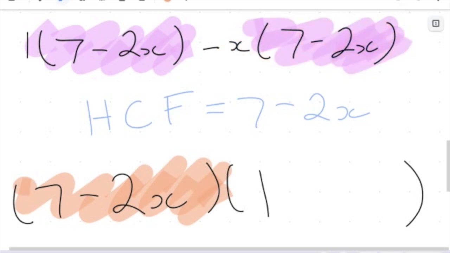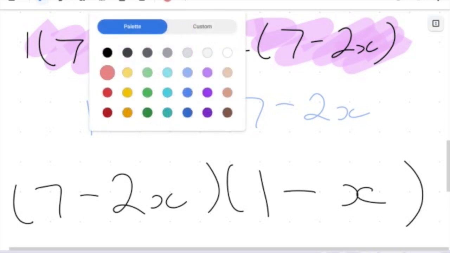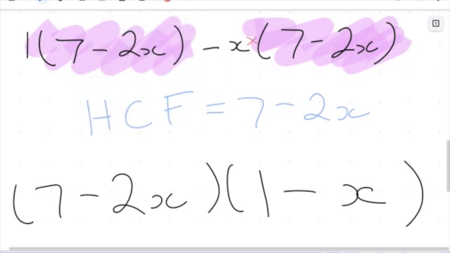Well, I can see my term is going to be negative because I have a positive thing here and a negative up here. And it goes into it minus x times. Because once again, guys, this is like saying x times 7 minus 2x. This is like saying 1 times 7 minus 2x.